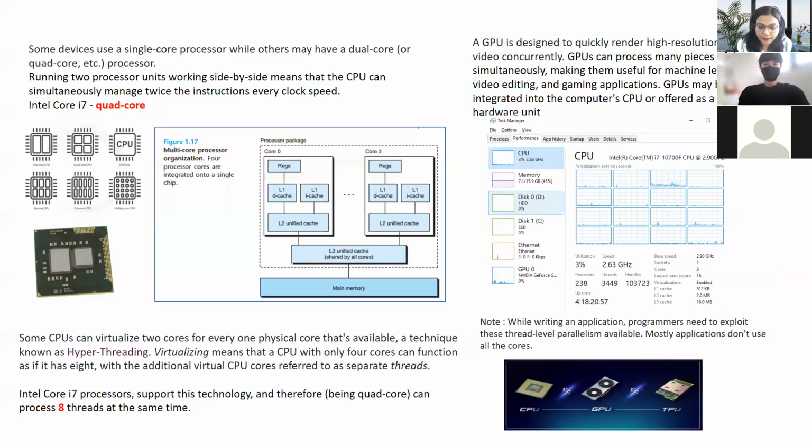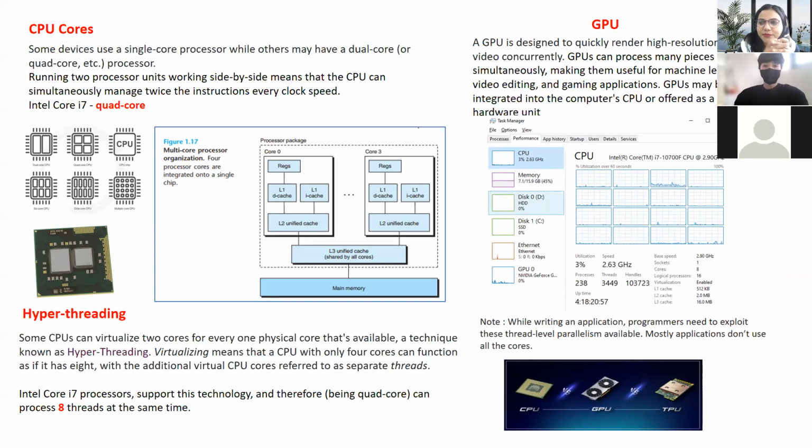Now, you must be wondering about the cores, right? When you have a CPU, how many CPUs do you think you have on your computer? Is your computer running on one CPU or multiple CPUs?